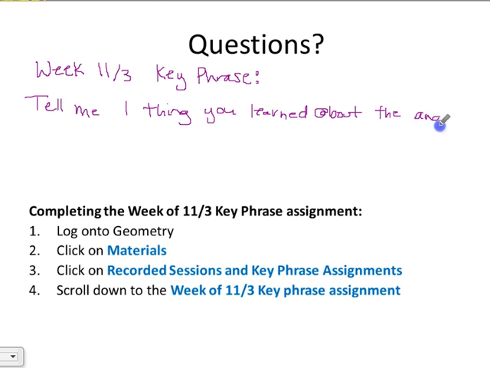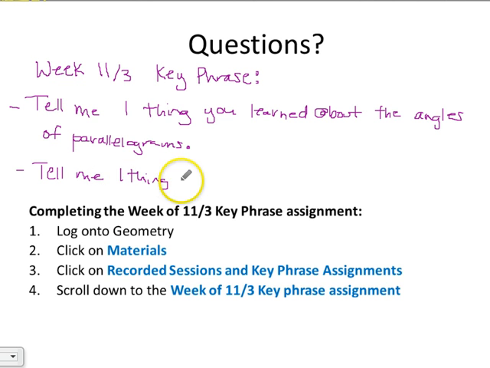So we learned a couple things about the angles of parallelograms. I want you to tell me one thing. And then I want you to tell me one thing you learned about the sides of parallelograms.